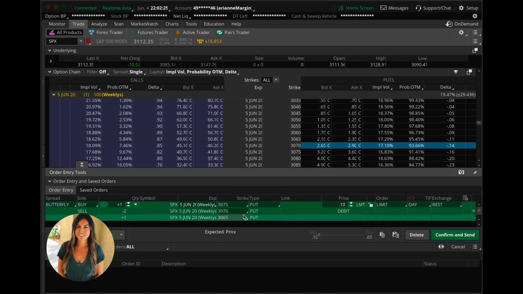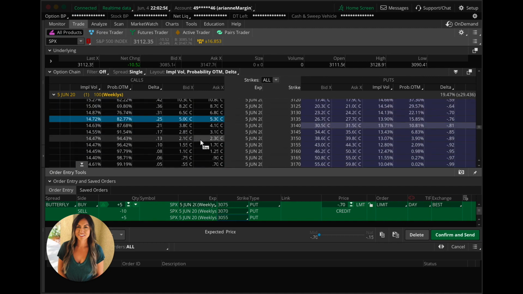And by default, you will see that the wings are equally distant from each other. So find the further away from the money wing and then skip one or two strikes. And doing so should give you a credit here. And so yes, you would send the order with a negative sign in front of the price. And of course, if you wanted to sell more than one butterfly, this is where you increase them.